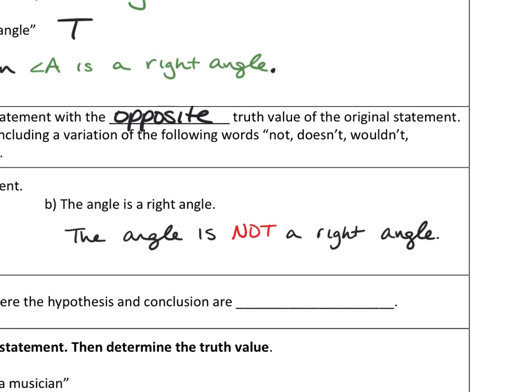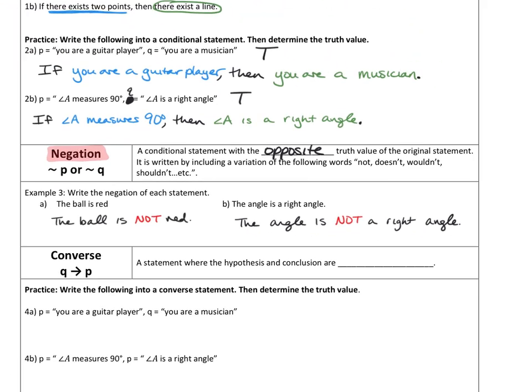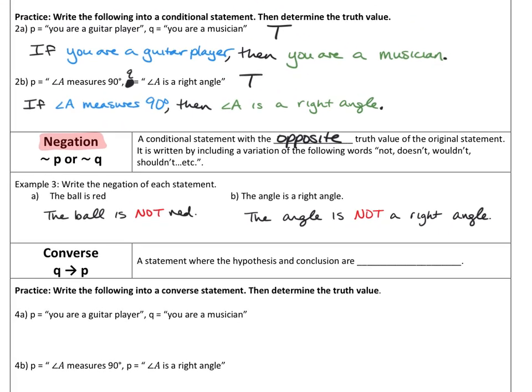So a negation, again, is basically just adding the word not to one of the parts of your conditional statement. But here's what I want you to really clock right now. That little funky symbol in front of it, the squiggle, is going to tell us that we want to say not. So not P or not Q. We add the word not to our sentence for that statement.